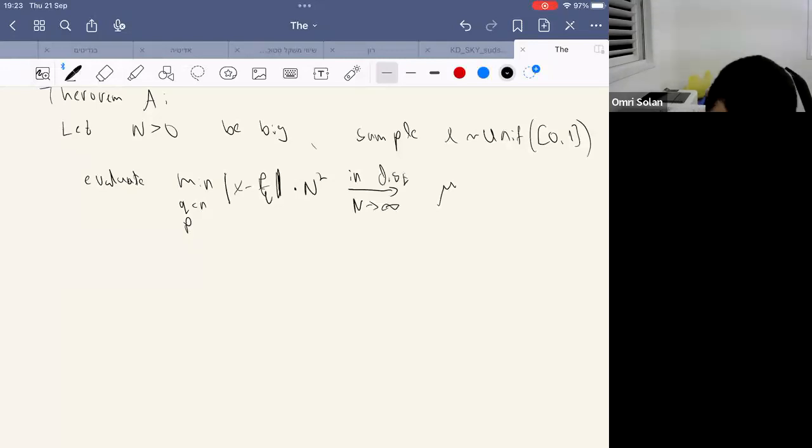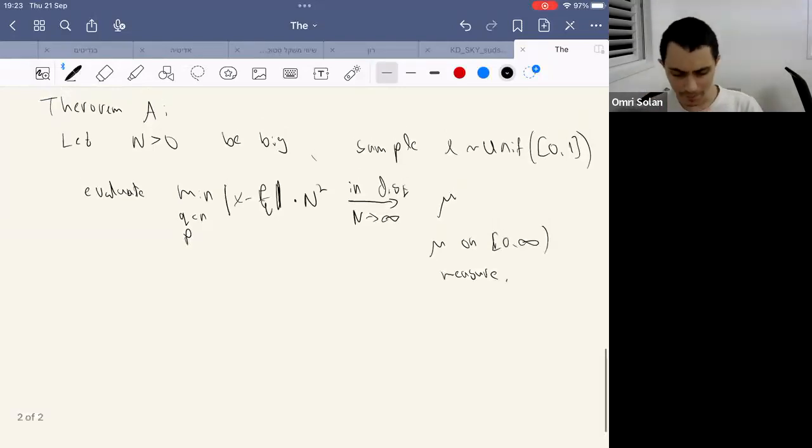Mu is a measure on zero to infinity. So that's the first theorem, which states that for a very big random n, if we look at the error of the best approximation with denominator up to n, we get an error of something times 1 over n squared, and the something is distributed in a way that is known.